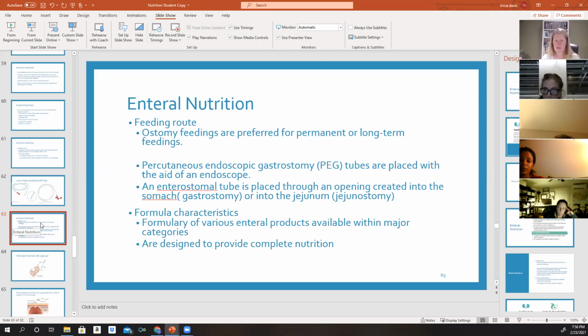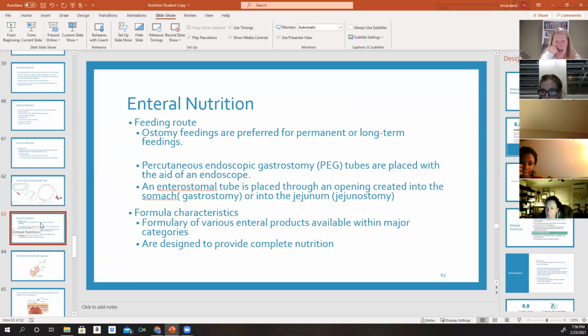You would say PEG tube. Everybody knows what you're talking about as soon as you say PEG tube. They use an endoscope to place these tubes. An enterostomal tube is placed through the opening created in the stomach, which we also call a gastrostomy, or the jejunum, which is the jejunostomy.